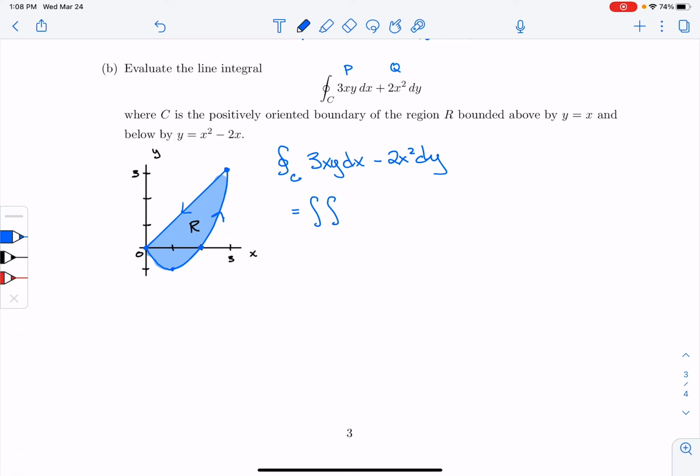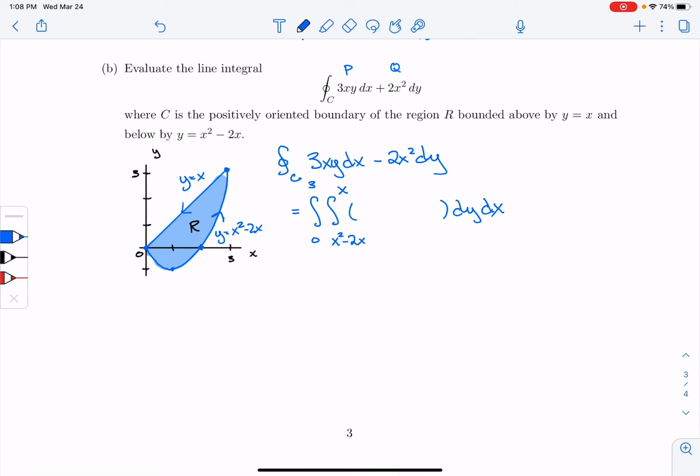We can describe that region as y going from x squared minus 2x to x. So here, remember we have y equals x squared minus 2x on the bottom, y equals x on the top there. And then x, you can see, goes from 0 to 3. So we're going to integrate this dy dx.